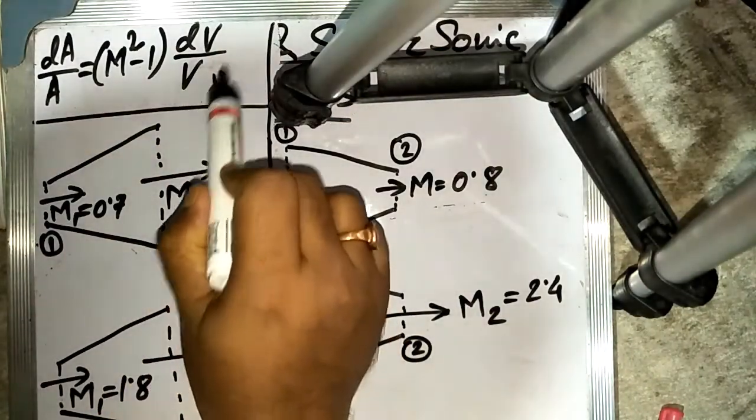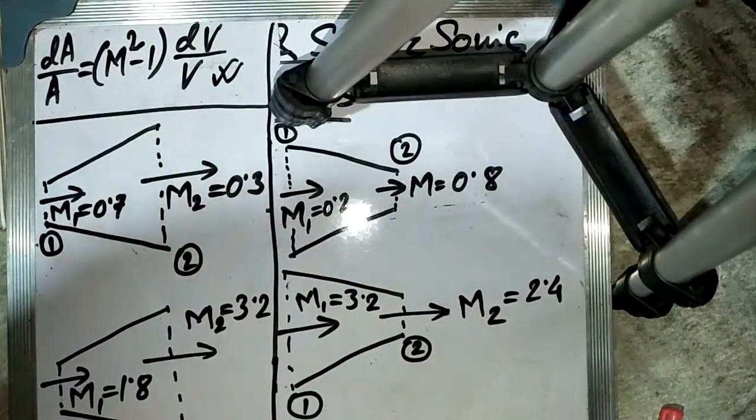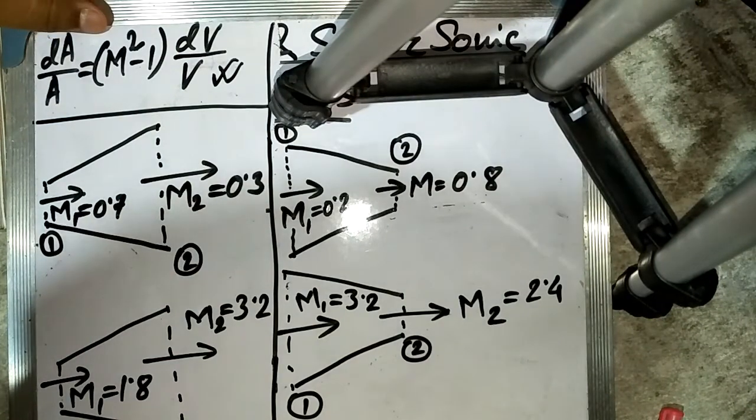From this above equation, dA by A is equal to M square minus 1 into dV by V.